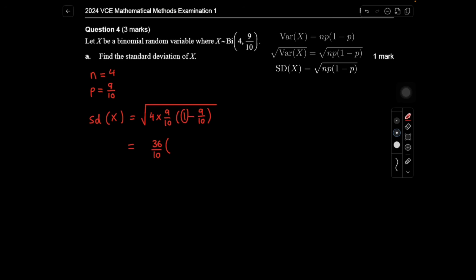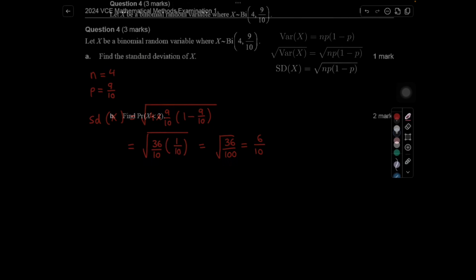And then this is 10 over 10. 10 over 10 take away 9 on 10 is 1 over 10. And then we square root all of this. So once we do that, we get 36 over 100 square rooted. And that gets us 6 over 10.